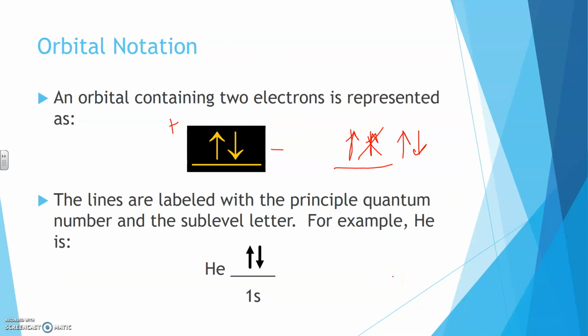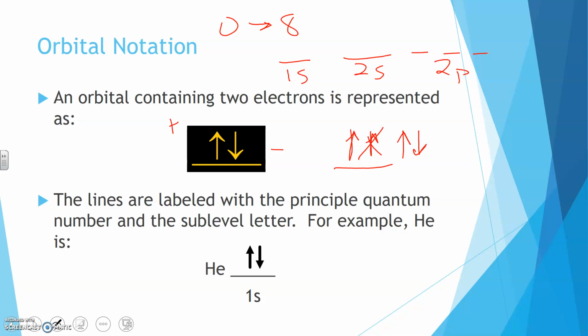Now, for example, if we were going to do the orbital notation for oxygen. Oxygen has 8 electrons, and they go into the 1s, which can hold 2, the 2s, which holds 2 more, so we've got a total of 4, and then also the 2p, which can hold a total of 6, but we don't need all 6.